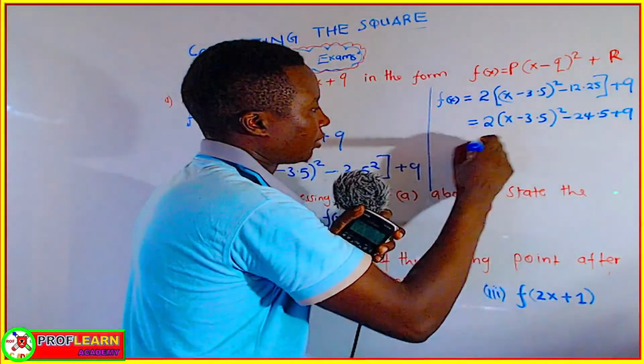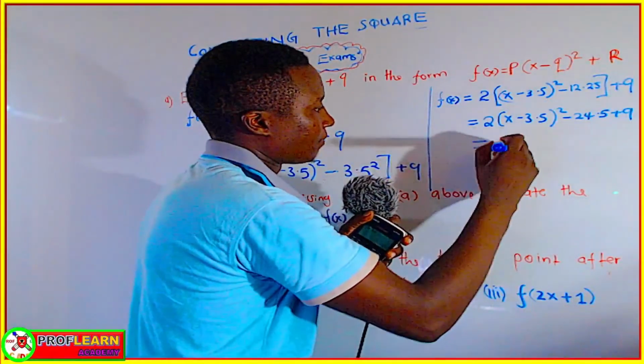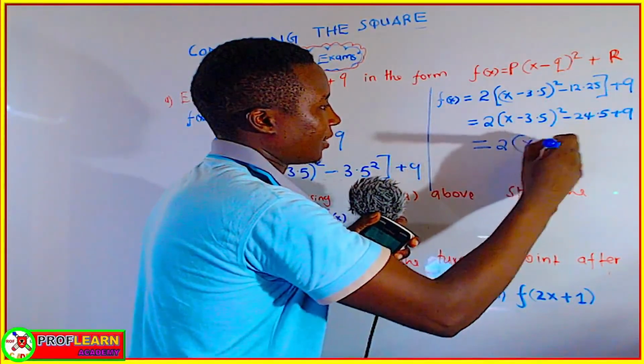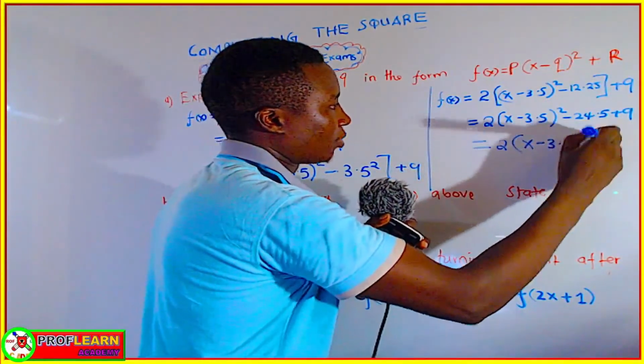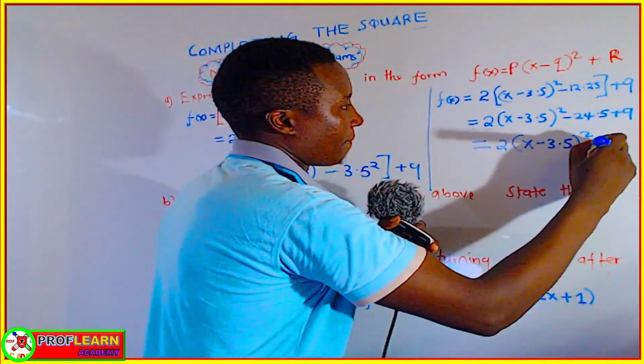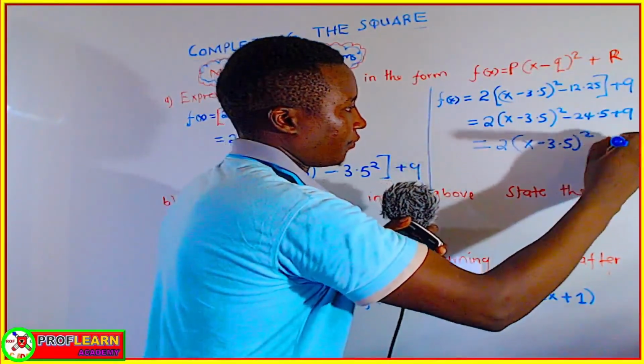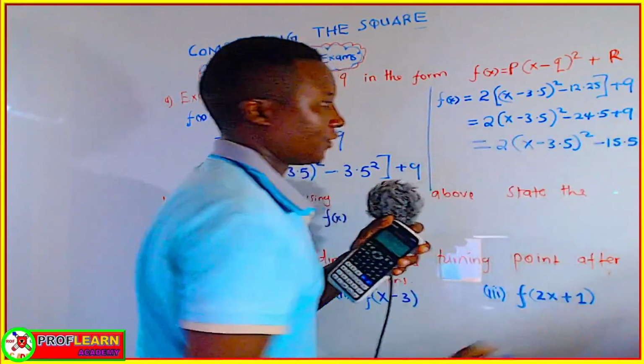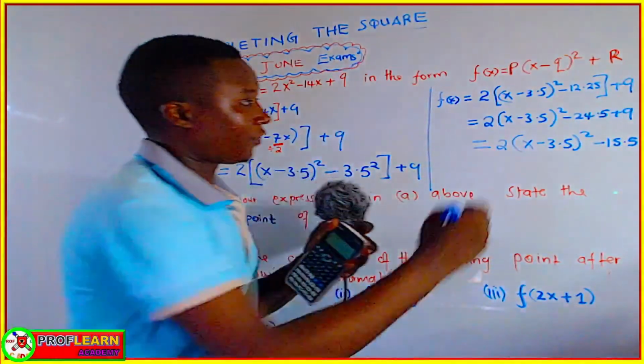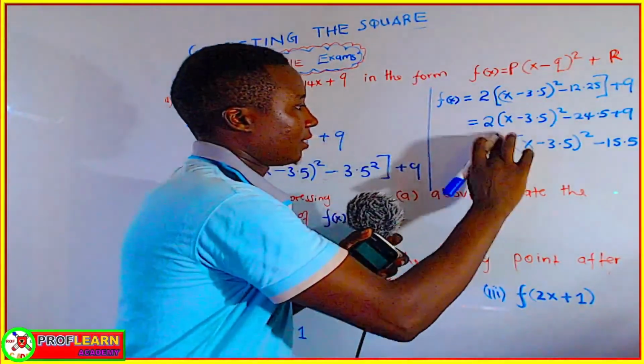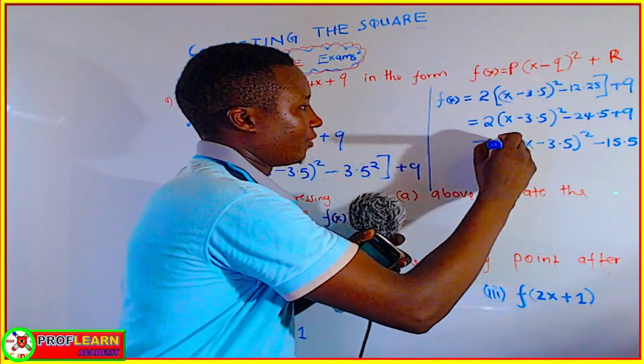So our expression finally becomes 2 into x minus 3.5 squared minus 15.5. Now 15.5 is the constant term that we are having.